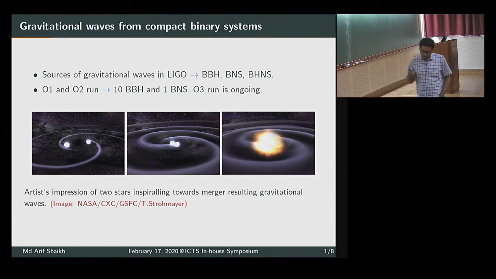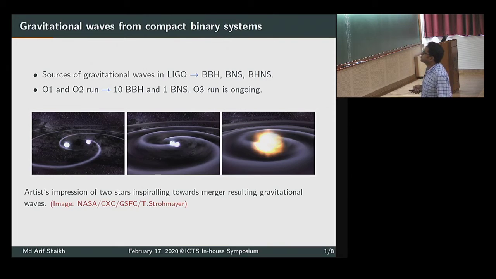For example, from these detections we now have a clear idea of what the masses of these binary components, these black holes, are, what the spins are, and what the masses and spins of the final black holes are, and all this information which we did not have earlier.